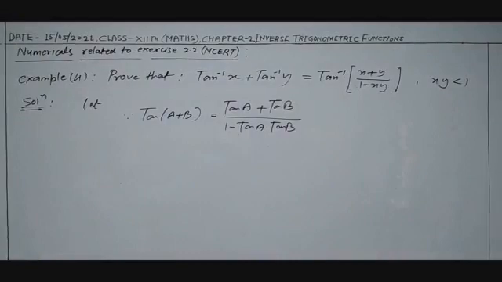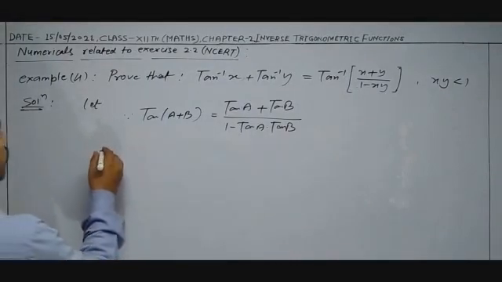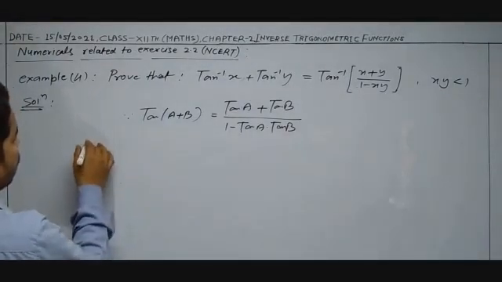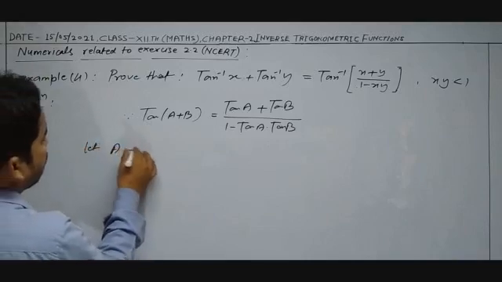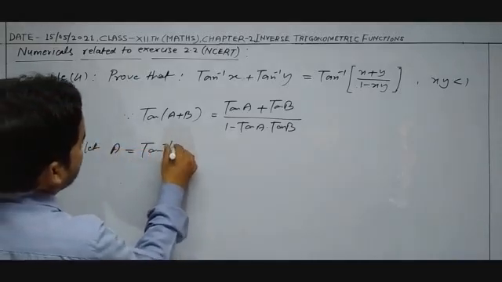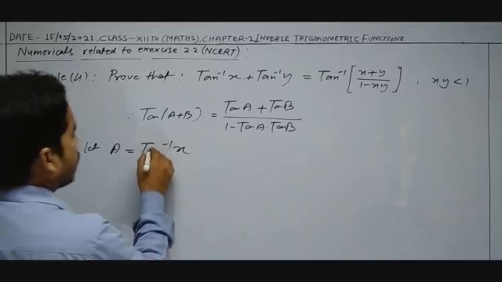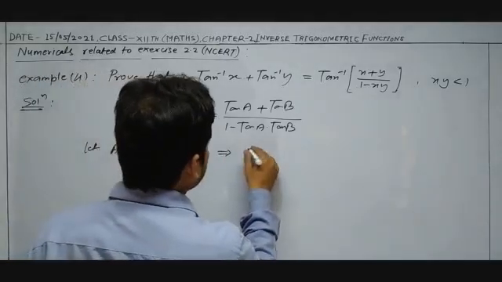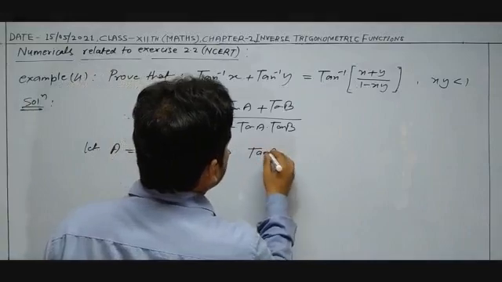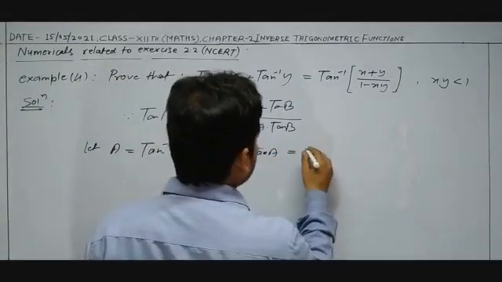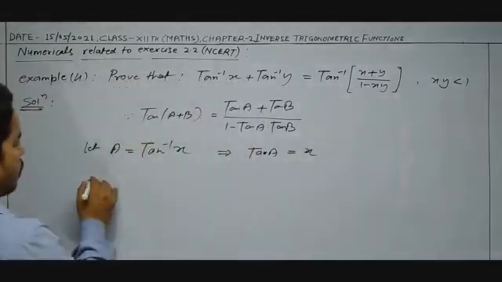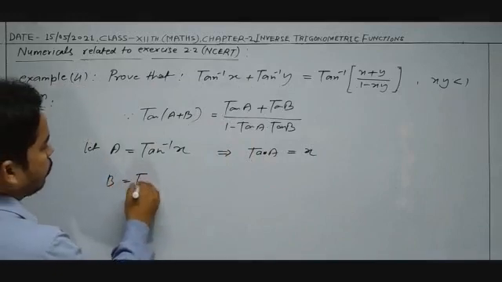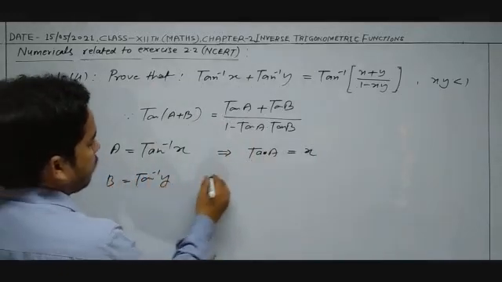See, let A is equal to tan inverse x. This implies tan A is equal to x, and b is equal to tan inverse y.